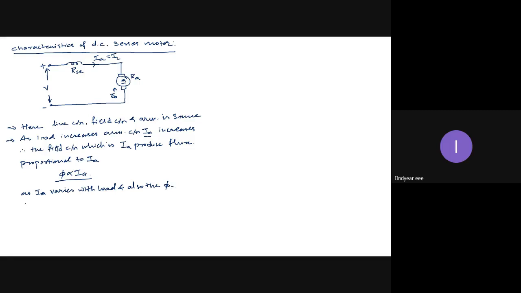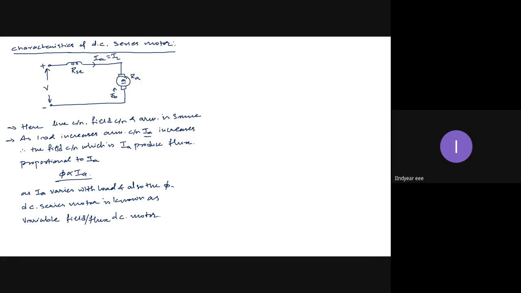The DC series motor is known as variable field or flux DC motor. So this variation in the field along with the load has its advantage as well as disadvantage.